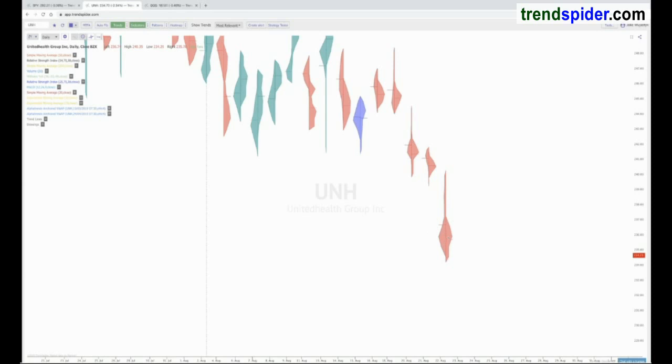And one thing that I want to show you is the blue raindrop, and that's something I'm going to focus on. So whenever the right side VWAP is below the left side, or the second half of the period is below the first half, that's when you're going to have a red candle or a red raindrop.